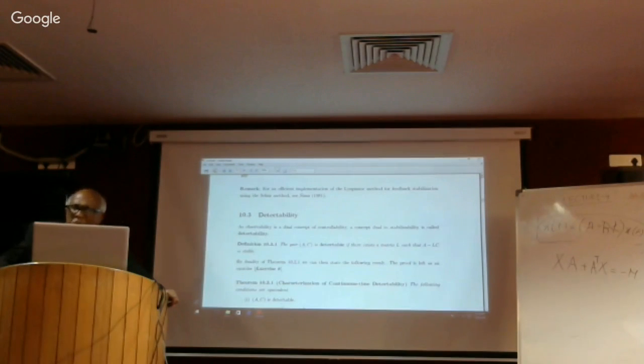Detectability concerns the pair of matrices A, C, where C is the output matrix rather than the input matrix B. And it's a dual concept. So here A is detectable if there exists a matrix L such that A minus LC is stable. We'll talk about this a little later. We need this a little later.